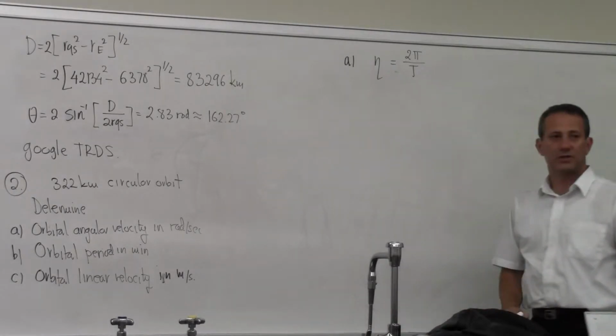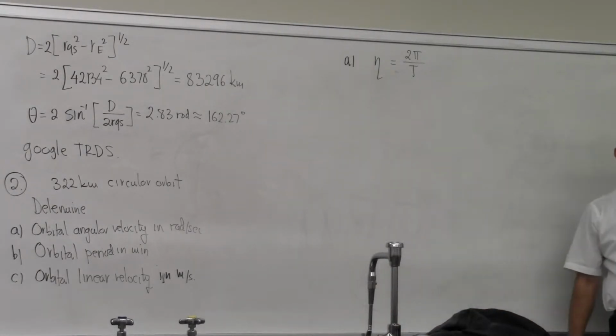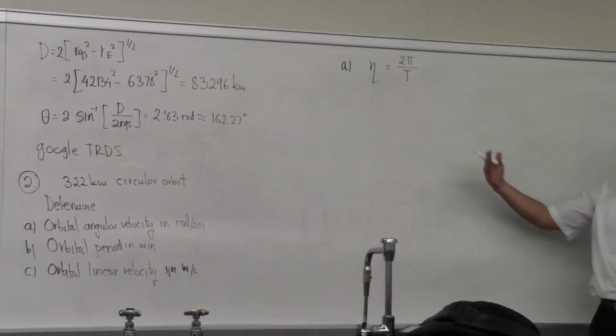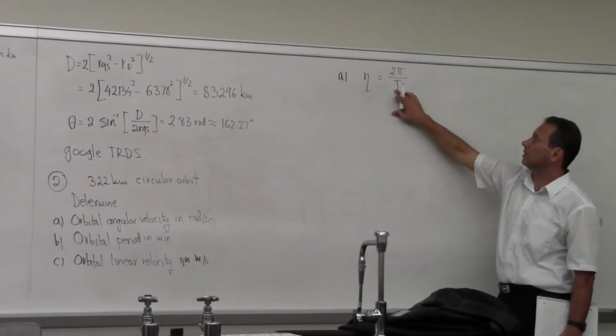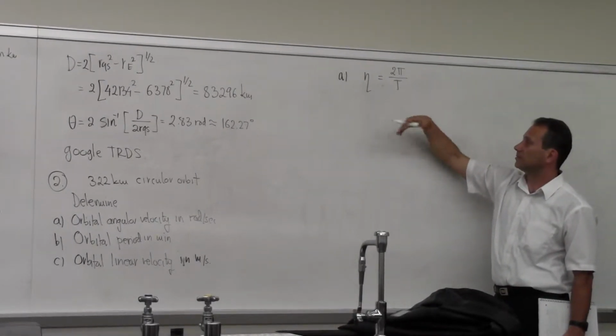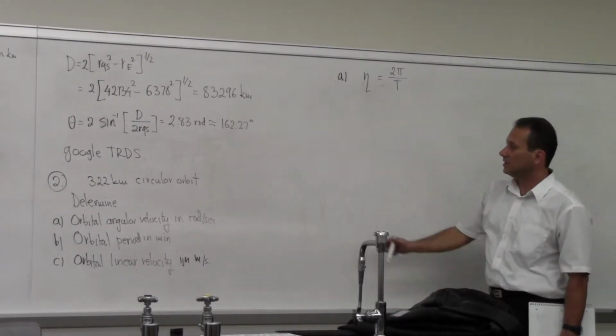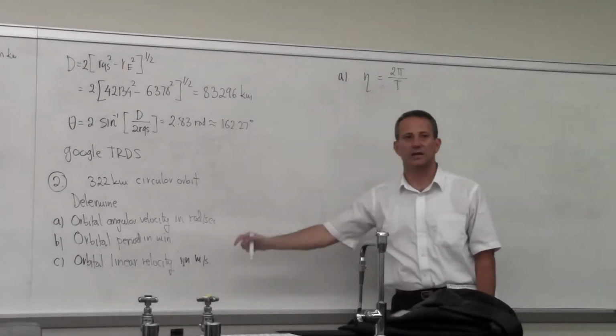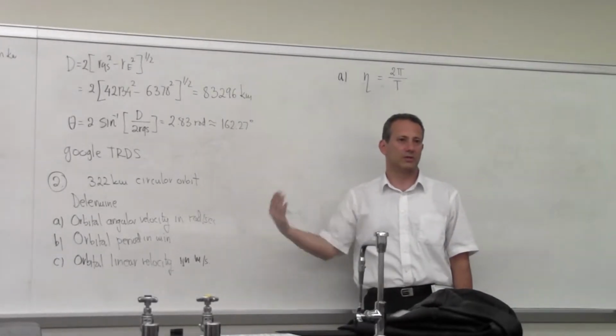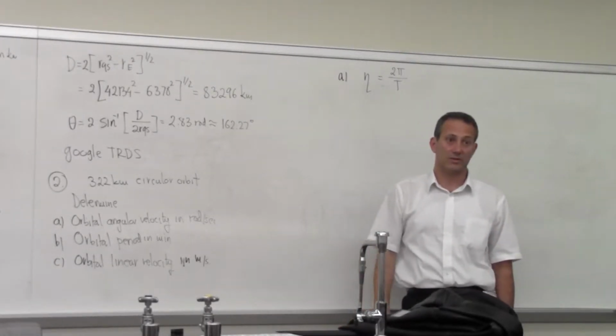Over the duration of one period, you're going to traverse the angle of 2 pi. So the angular displacement per unit time is 2 pi divided by T. Now T is not given, but what's given is a. And since it's a circular orbit, the semi-major axis is the same as the radius.